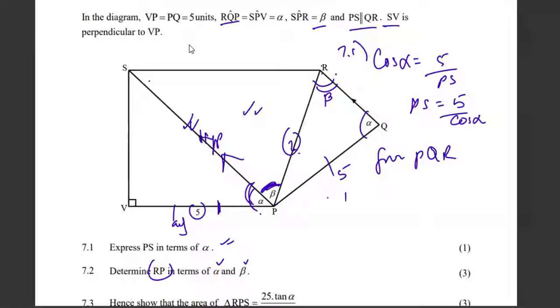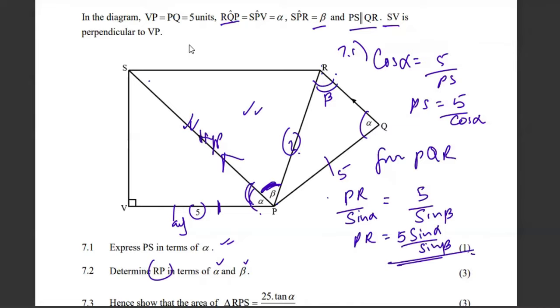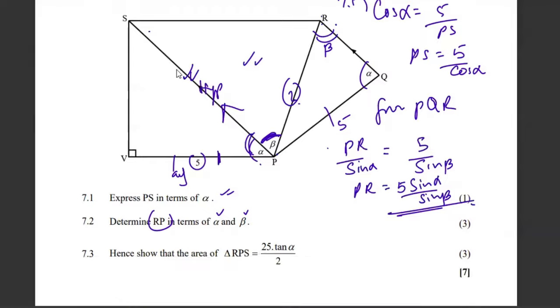I'll say that PR over the sine of alpha should be the same as PQ, which is 5, over the sine of beta. So PR becomes 5 sine alpha over sine of beta. All right, then hence can we show that the area of triangle RPS is equal to this.